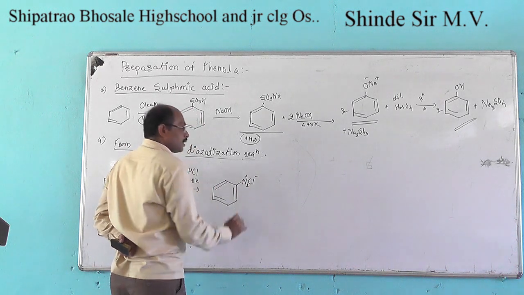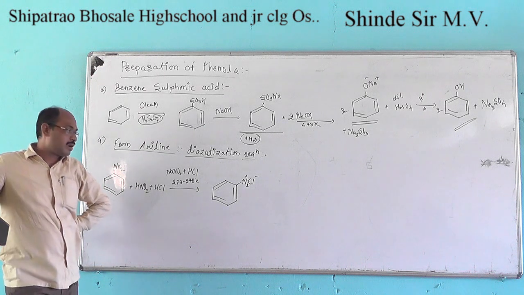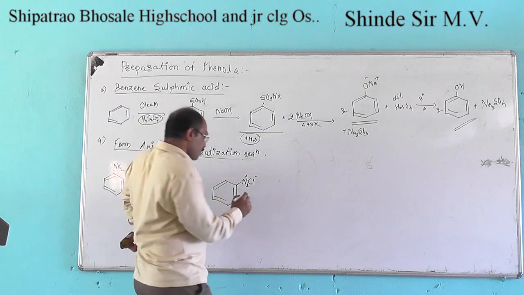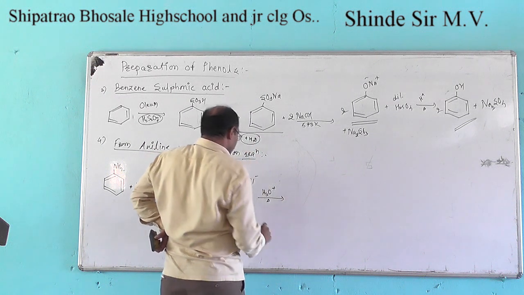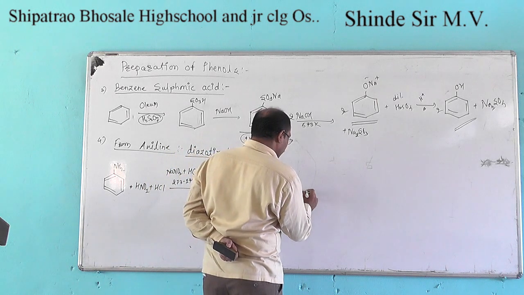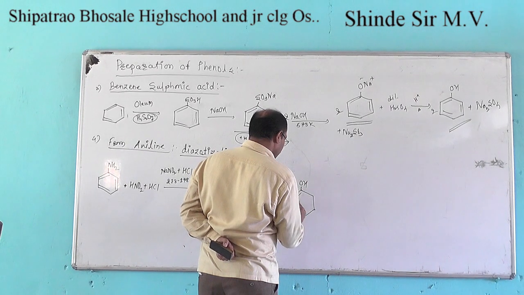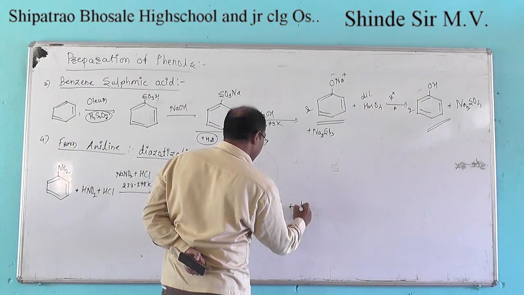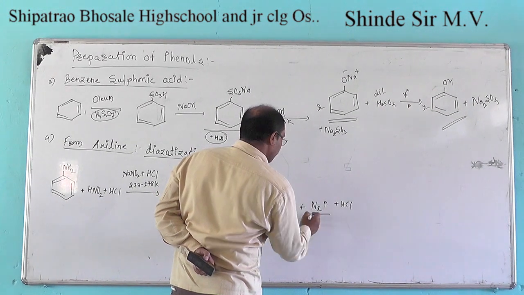This is benzene diazonium chloride, which on acid hydrolysis gives us the formation of phenol with the liberation of nitrogen gas and hydrochloric acid.